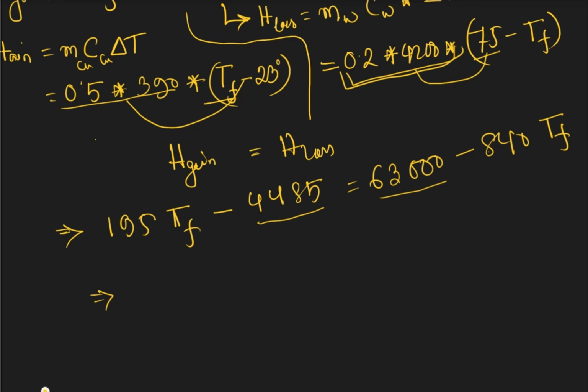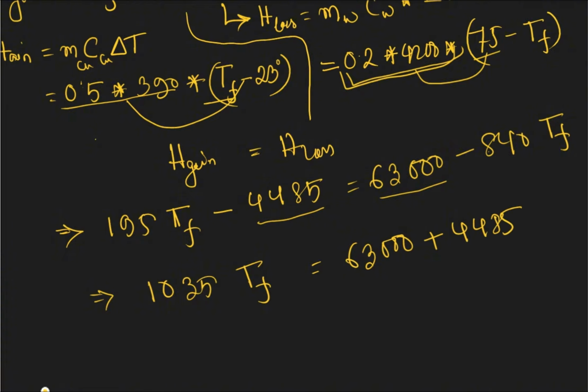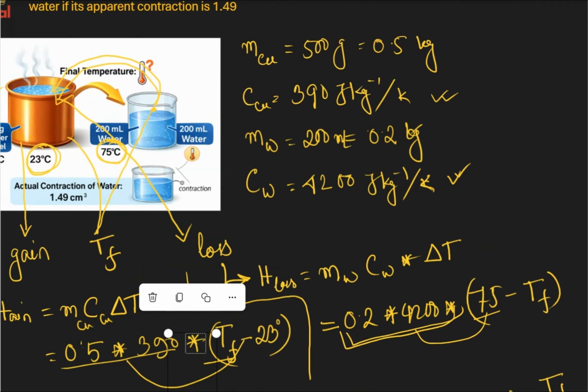So let's calculate 840 plus 195, that is 1035 of TF is equals to 63000 plus 4485. So the final value of the mixture, so the final answer will be 65.2 degree Celsius. So this is the final answer for the first part of the question.